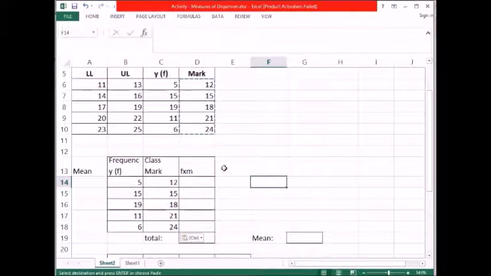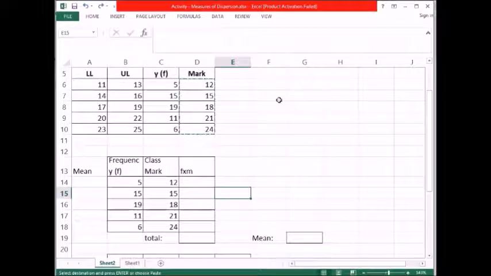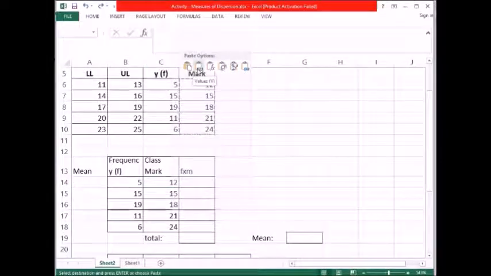Pag pinaste ko siya dito, reference, mag-error po siya. Kasi ang i-consider niya ay ibang parts. Ibang cell na corresponding. Okay? So, again, you do the right click and paste special or yung values. Yun, yung makikita ninyong clipboard with 1, 2, 3.